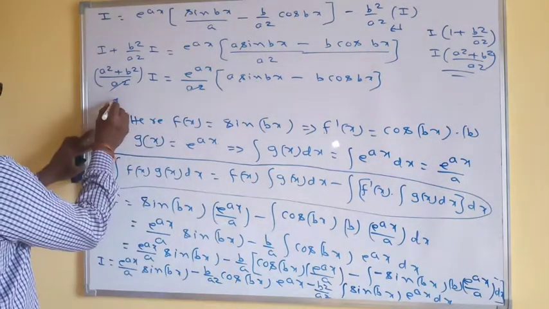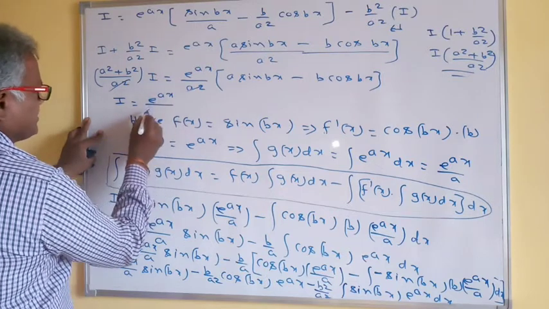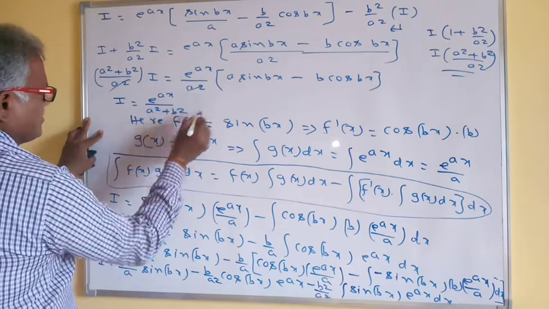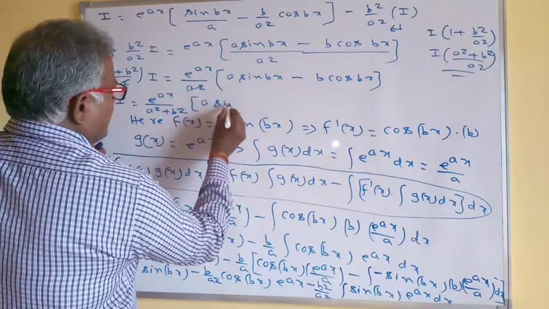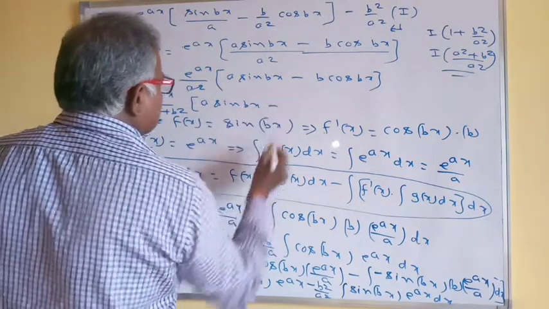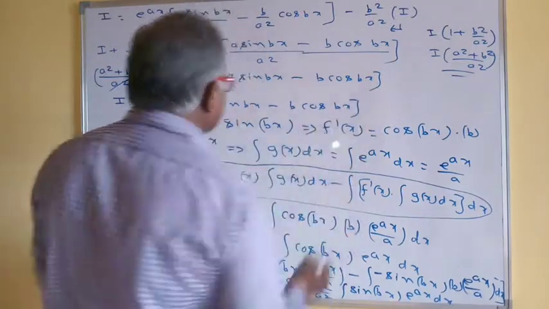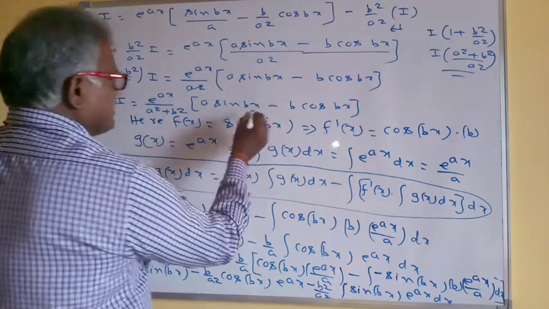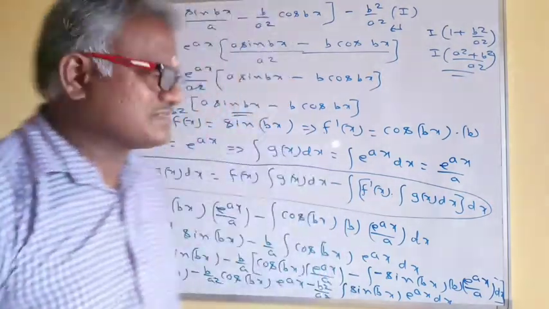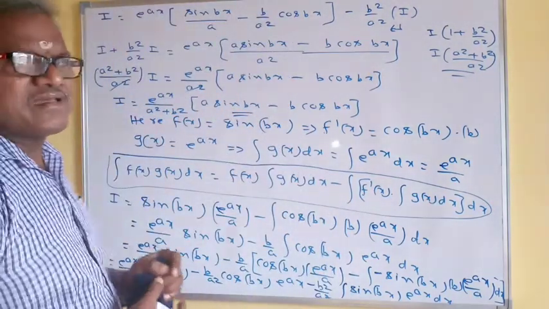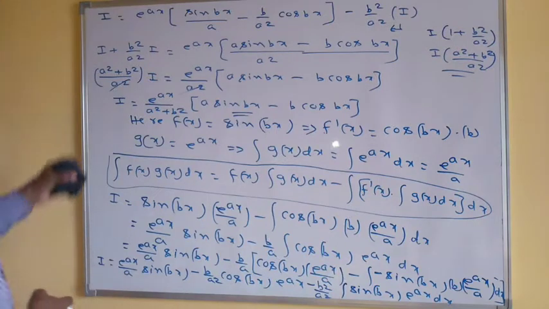So the final result is I is equal to e power ax by a square plus b square into a sin bx minus b cos bx. So this is the solution for this one, the integral of e power ax into sin bx.